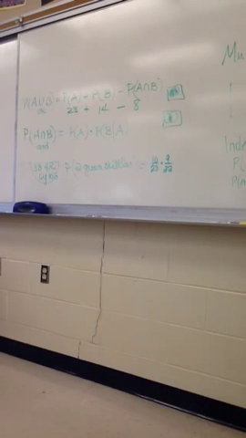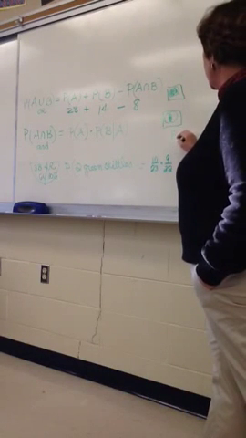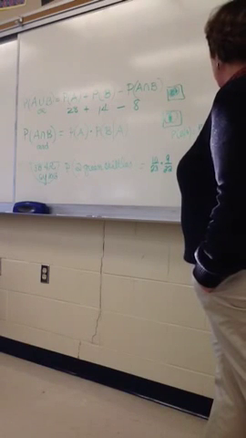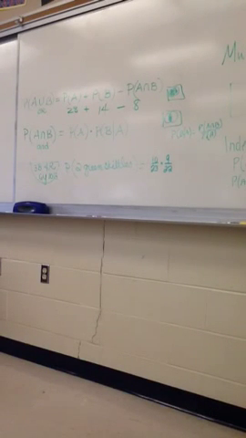If we rewrite this, the probability of B given A is the probability of A and B divided by the probability of A. And this probability is the probability of A and B divided by the probability of B. I just rewrote this using the definition.